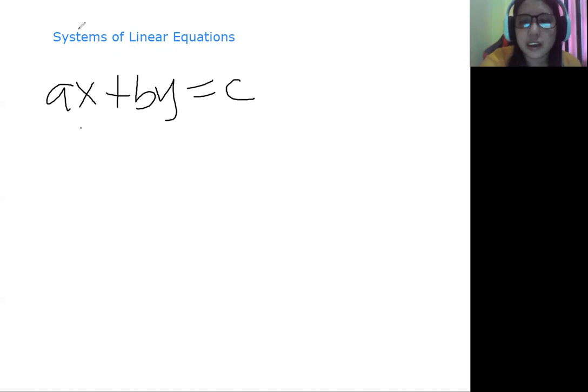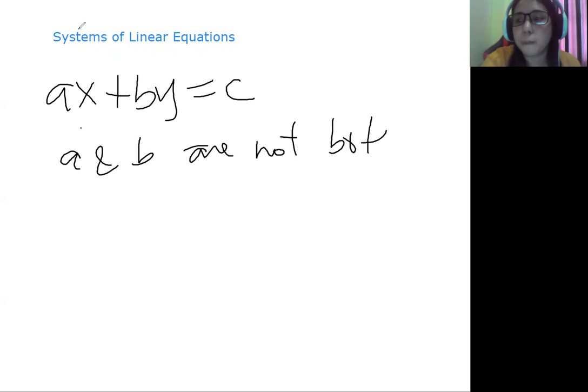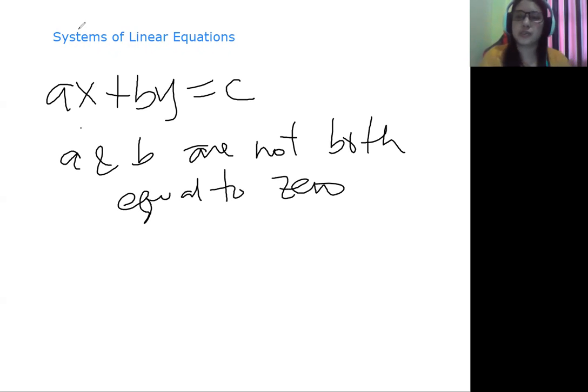This is if a and b are not both equal to 0.